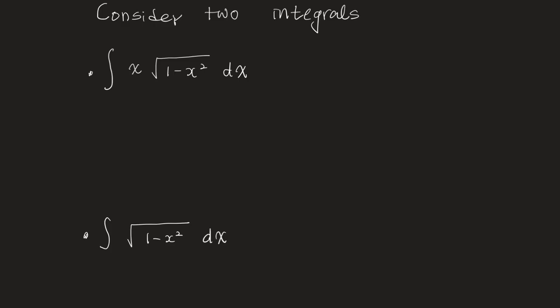We studied this in the previous session, so we know that for this integral we can use the substitution method. u is going to be 1 minus x squared, du is going to be negative 2x dx. Inside the square root, 1 minus x squared is going to be u, and dx is going to be 1 over negative 2x du.